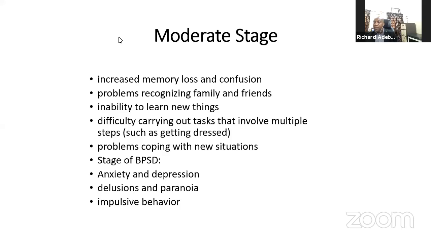Key to these symptoms are anxiety and depression, psychosis, delusions and paranoia, and impulsive behavior. An elderly man just pounces on a 5-year-old or 10-year-old and wants to rape, or a retired judge goes to the supermarket and starts stealing things that are worthless.